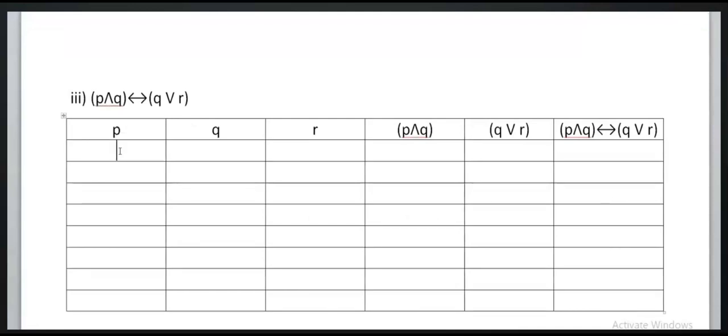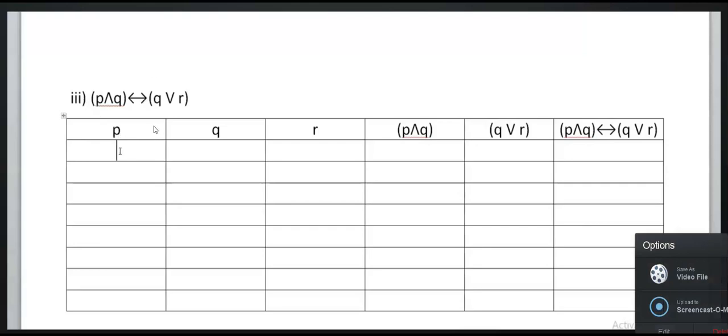Now the next one. See this statement pattern again. The main connective in this pattern is the double implication. For this we will require P, Q, and R. Now there are three statements, so how many combinations of true and false will there be?